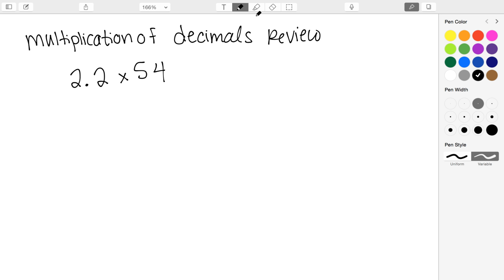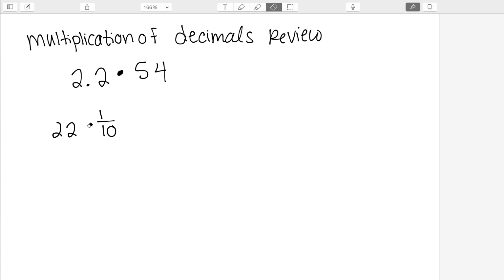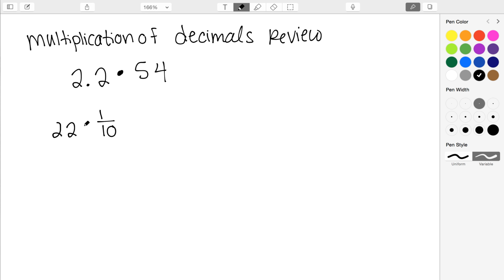I'm actually going to change this to be a dot instead of an X. Sorry about that, guys. Now, last time we talked about, this is called 2 2/10. So instead, we're going to think of this as 22 times 1/10. Oh, goodness, I wrote that X again. Sorry, guys. My brain is in equation mode. Times 54.